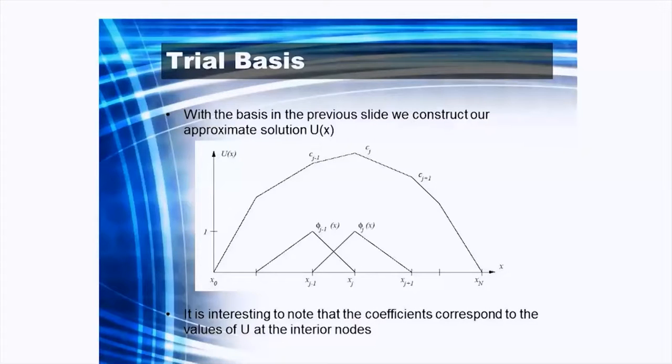With the basis in the previous slide, we construct our approximate solution. It is interesting to note that the coefficients correspond to the values of function u at the interior nodes.